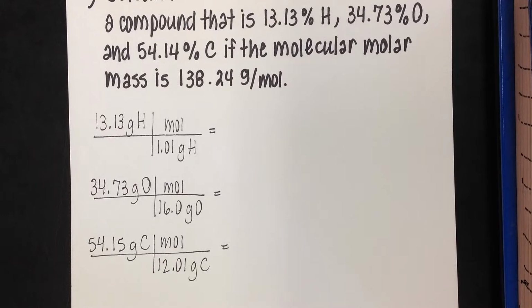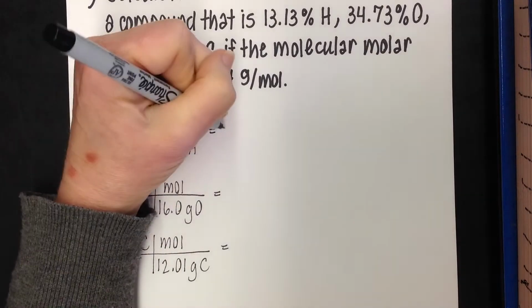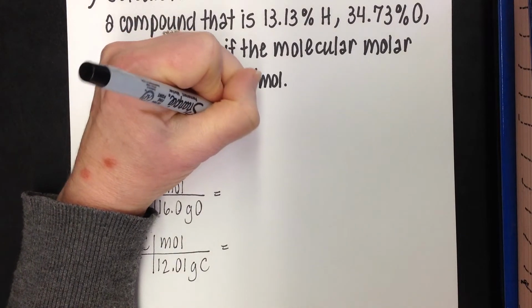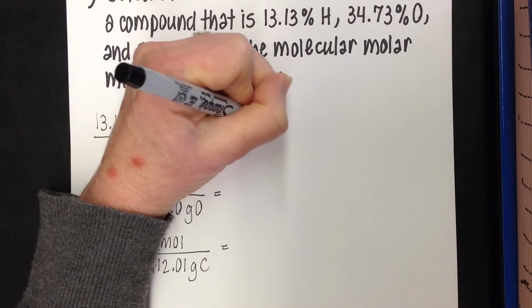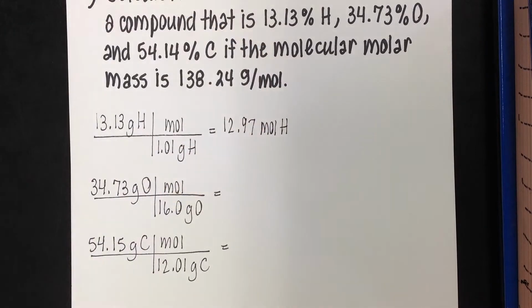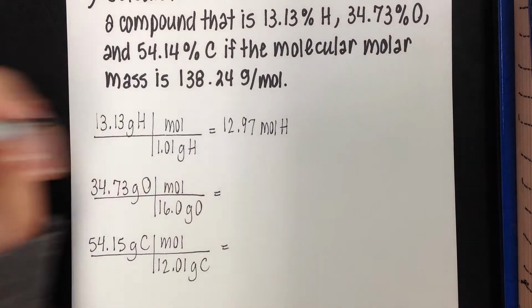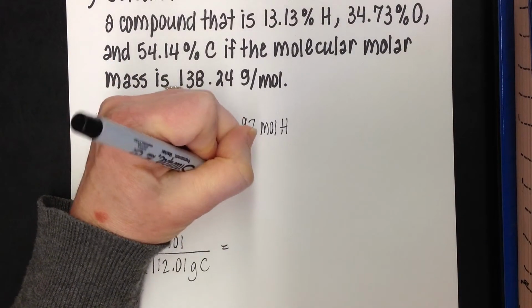13.13 divided by 1.01 is going to be 12.97. So I have 12.97 moles of hydrogen. Then we have 34.73 divided by 16, and that is 2.17 moles of oxygen.